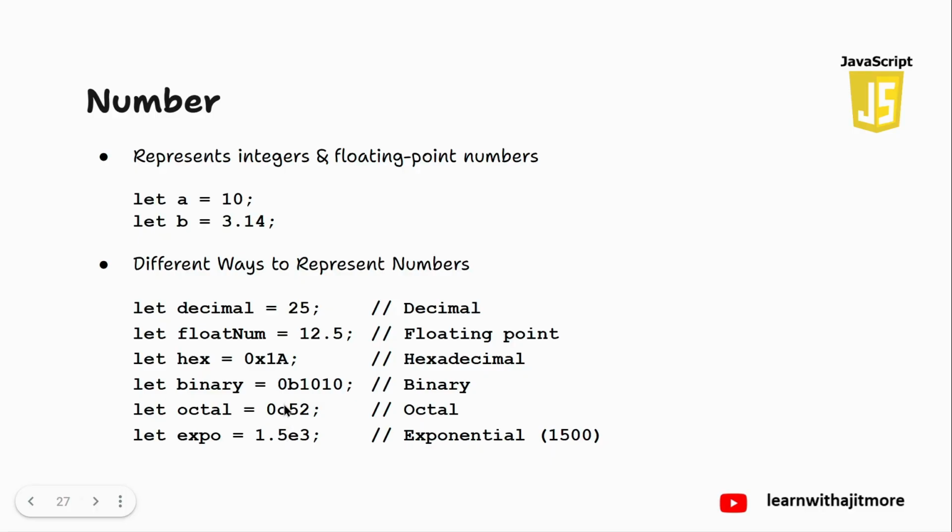But in JavaScript it is 0O, exactly like Python they used. So first one is decimal, floating point. Is it hexadecimal? Yes. Is this in binary form? Is it in octal form? Is it in exponential form? 1.5E3. Is it same as 1.5 into 10 raised to 3? 10 raised to 3 is 1000 into 1.5 is 1500.